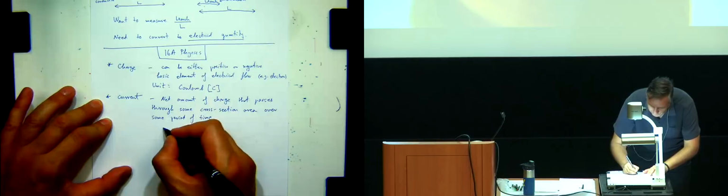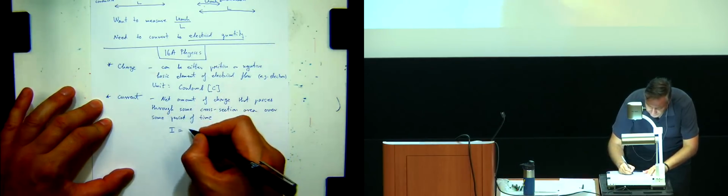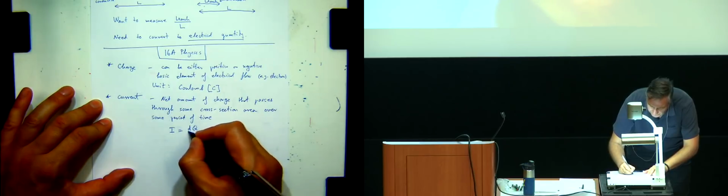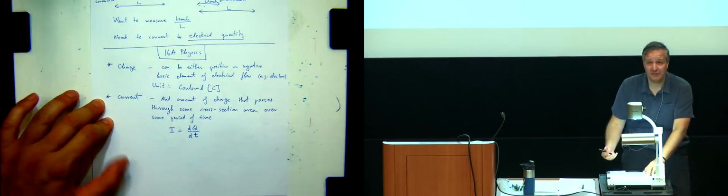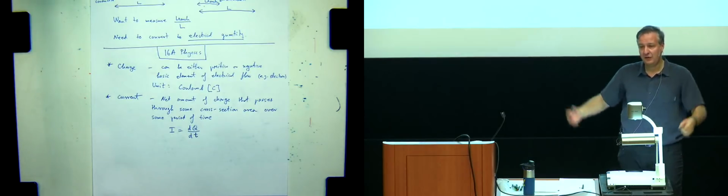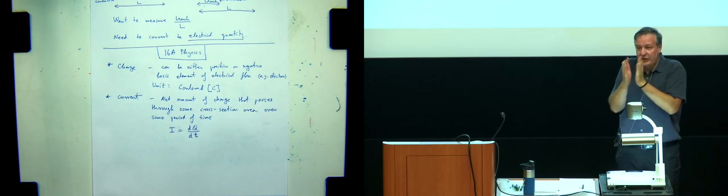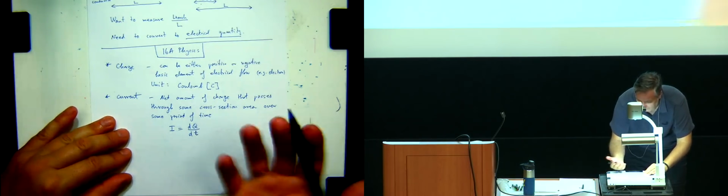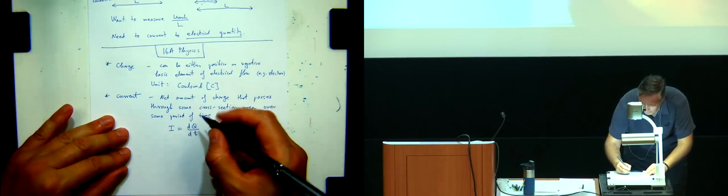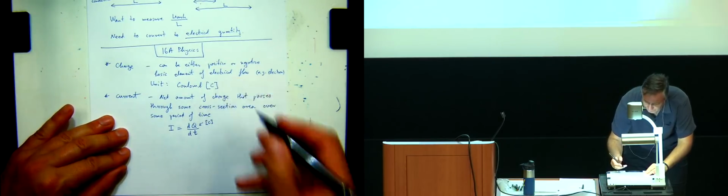So we will have the definition that the current is dq over dt. This is the derivative, so a certain amount of charge over some period of time, and we normally do it over a very small period of time. The unit for charge is coulomb, as we've seen before.